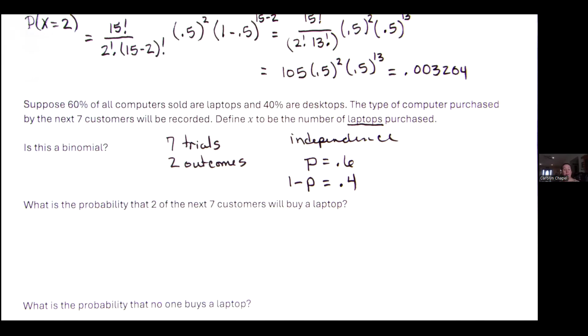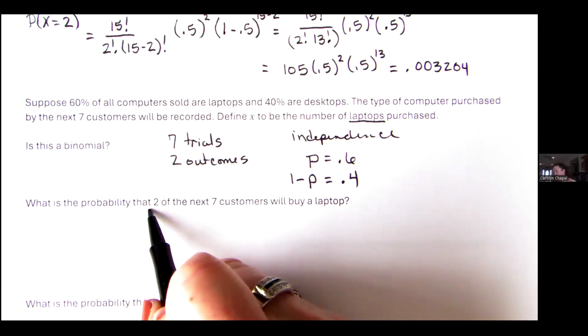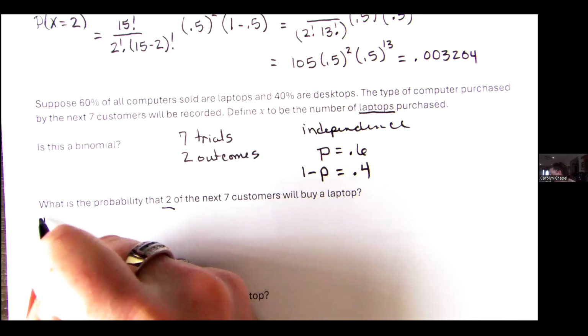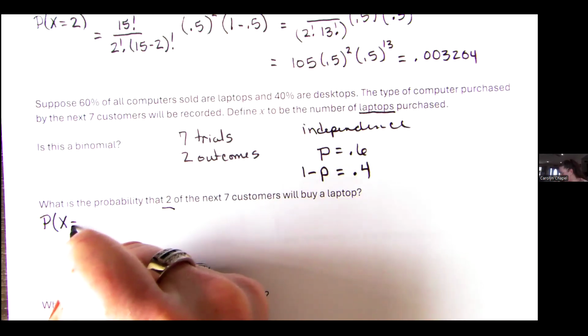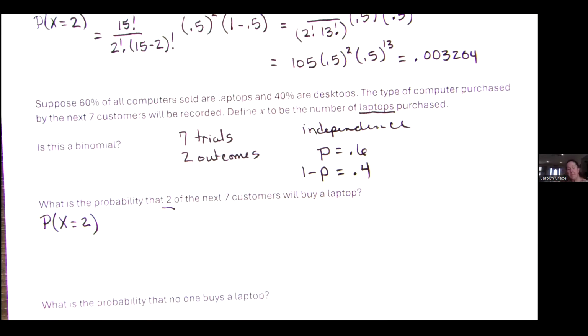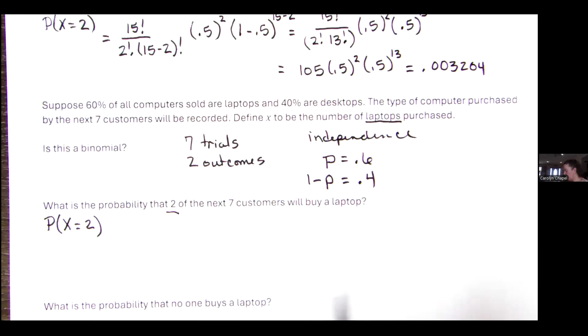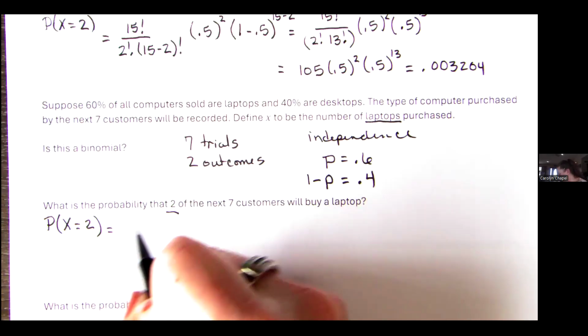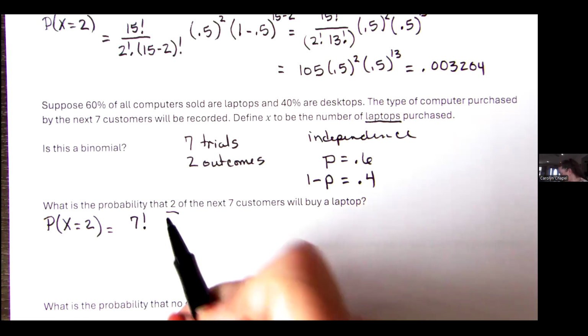What is the probability that 2 of the next customers buy a laptop? So this would be, our number of successes would be 2. So that means we're looking for probability that X is equal to 2. So it's going to be similar to the formula that we've done before. So we'll have our 7 factorial, because that's the number of trials.